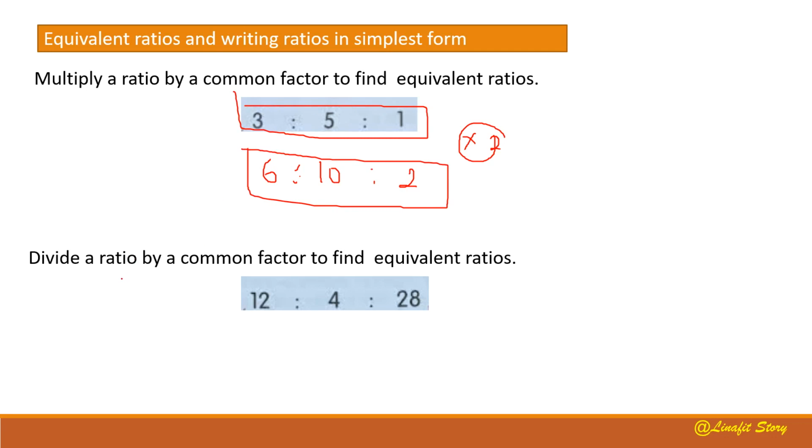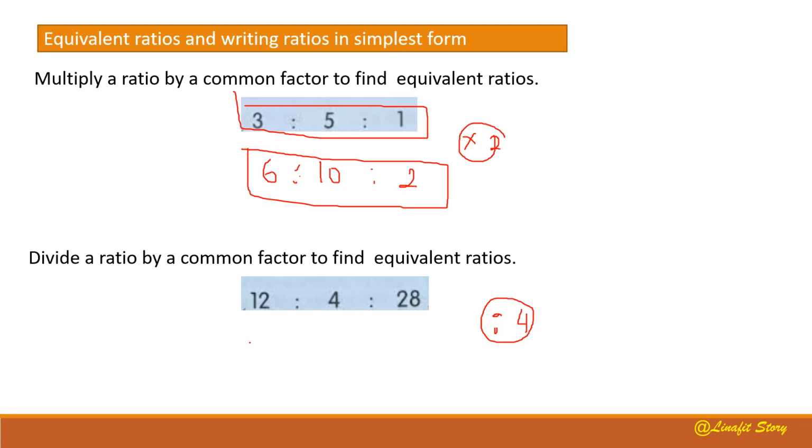Now divide the ratio by a common factor to find equivalent ratios. So 12 to 4 to 28. So you may simply divide each of them by 4. Why 4? Because the common factor between 12, 4 and 28 is 4.